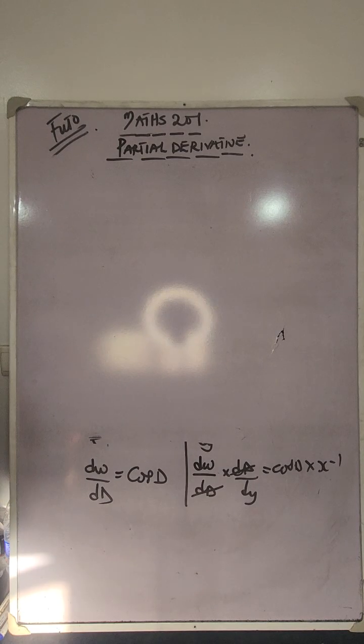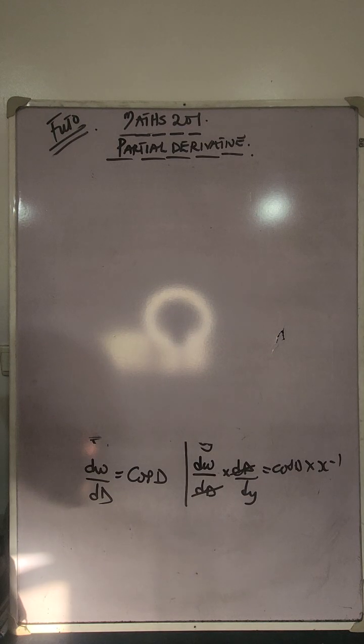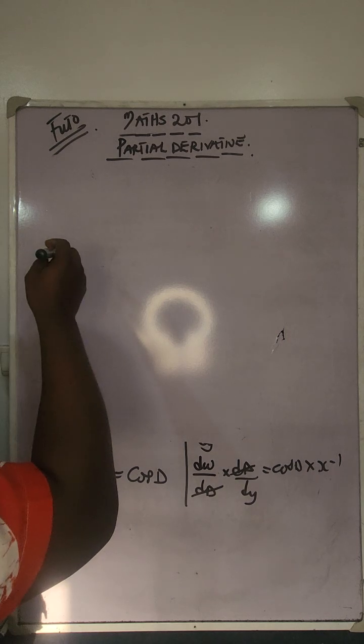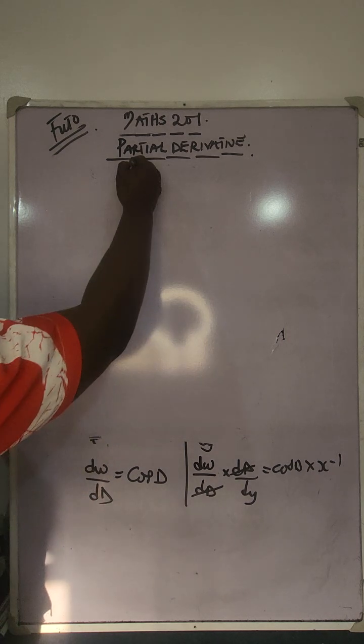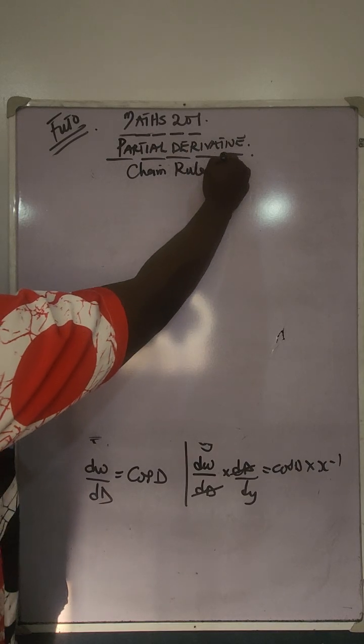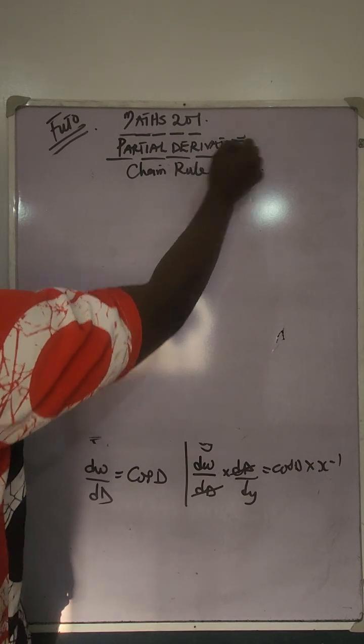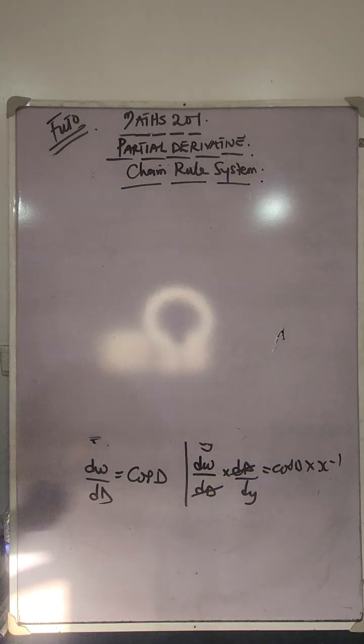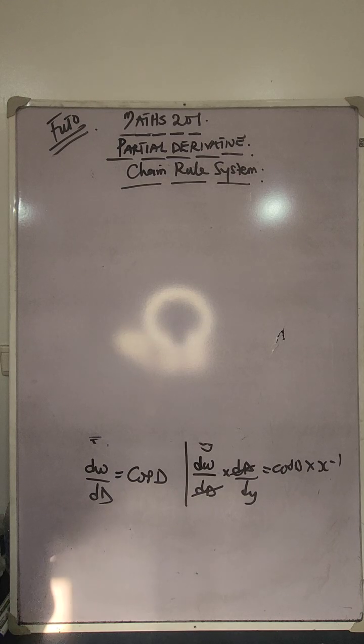The chain rule system in partial derivative. What do I mean by chain rule? Okay, I'm going to use a question to explain, right? Let me explain using a question.